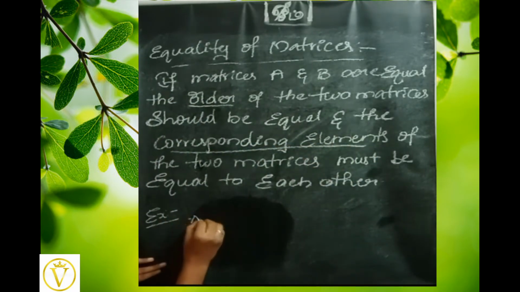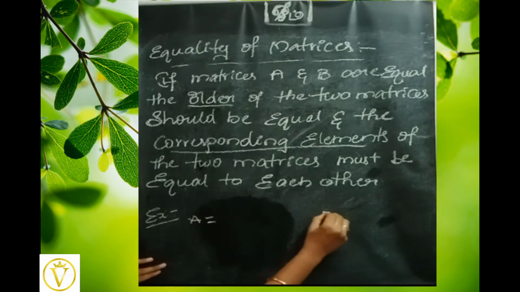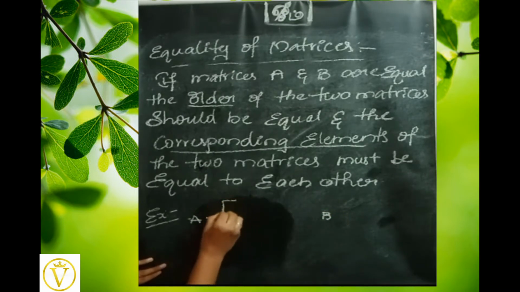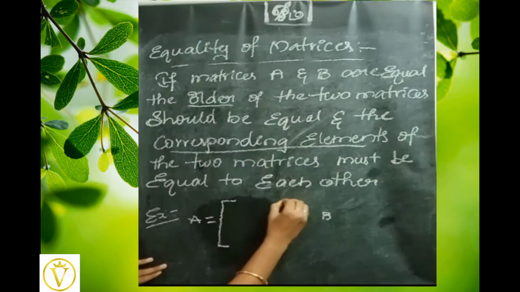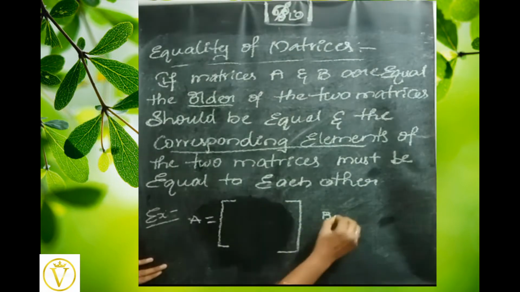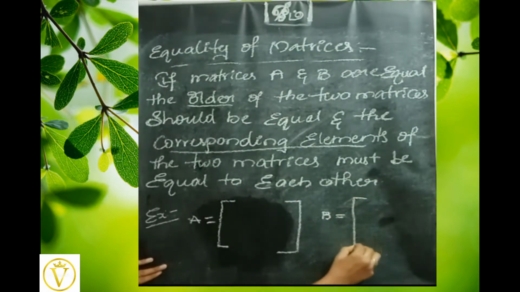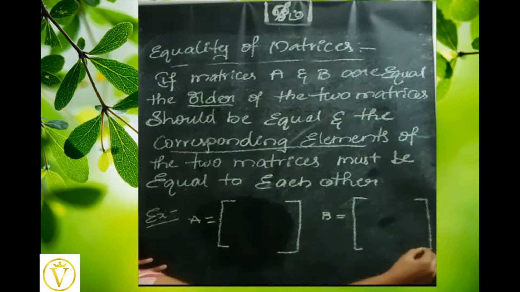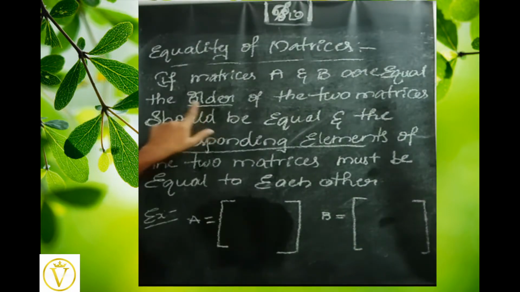Let's think: I have an A matrix and a B matrix. To represent a matrix we have to enclose it with brackets. Don't forget to keep the brackets. So the first one is order. The order should be equal.